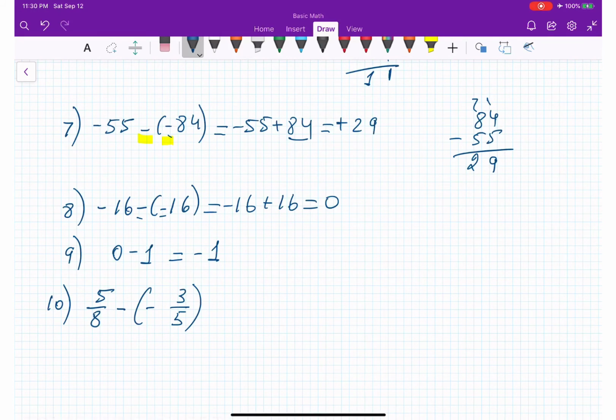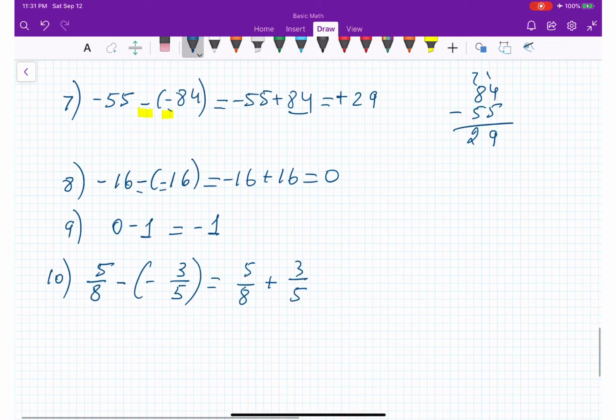Okay, so what do we have? 5 over 8, so here it becomes plus 3 over 5, yes? Okay, plus 3 over 5, because we have here negative. Therefore, when you open parentheses, this negative sign is going to change to positive.